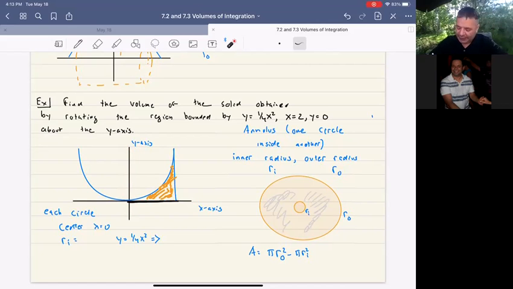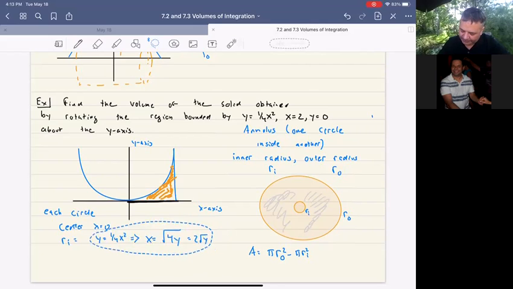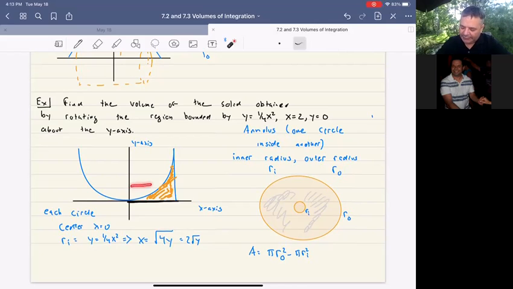So x is going to be the square root of 4y, or 2 square roots of y. So that's going to be our inner radius. Our outer radius is going to be from there to there. That's the line x equals 2.